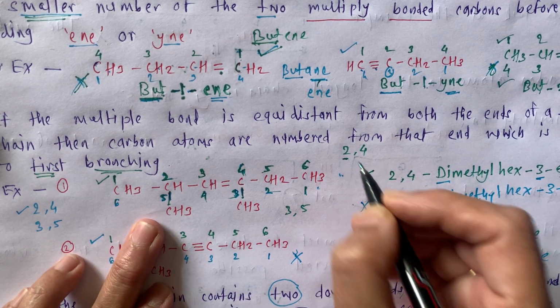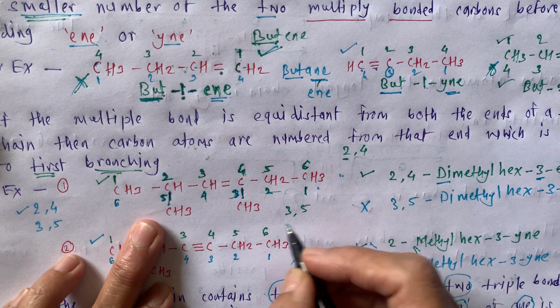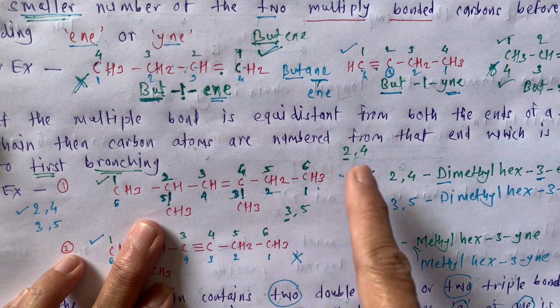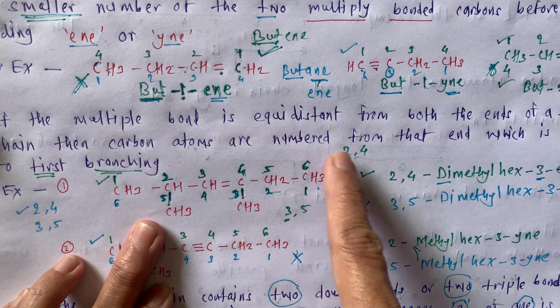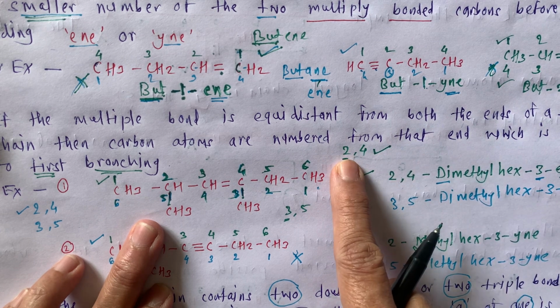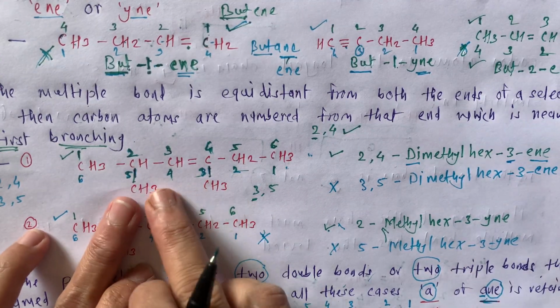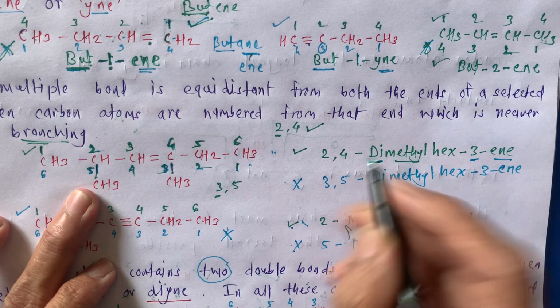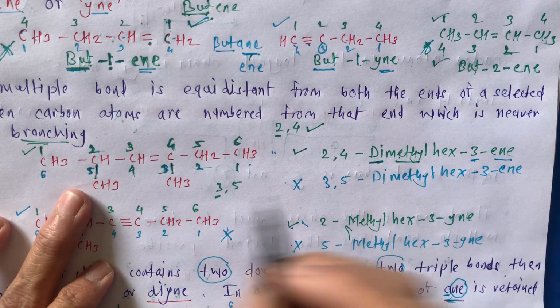Now, this is on the second, so this is nearer. This is on the third, which means it is one carbon farther away, so the first one is nearer. So we have to select that set of locants. Now these two groups are the same, both are methyl groups, so we mention dimethyl.